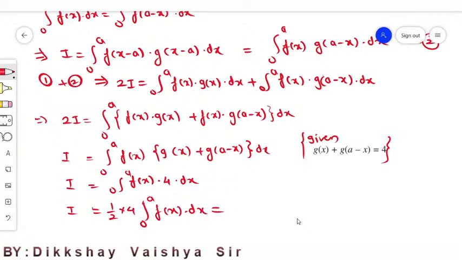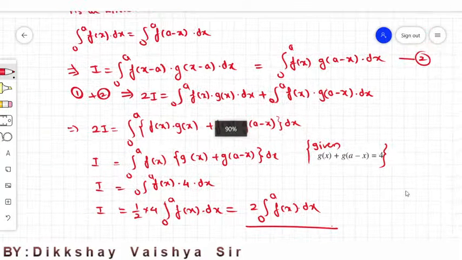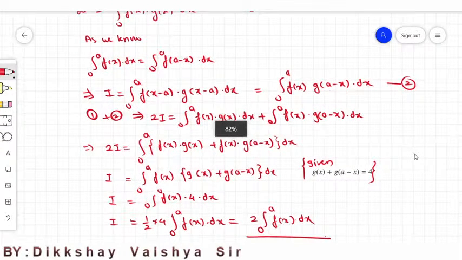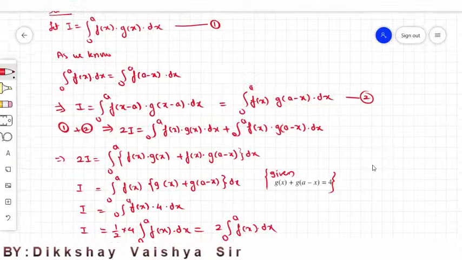Now, 2 ones are 2, 2 twos are 4, so twice integral 0 to a f of x. Now it's time for a screenshot. Take this one, complete solution.